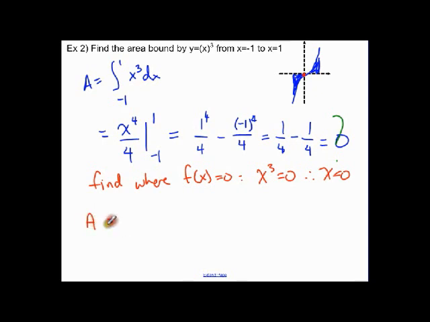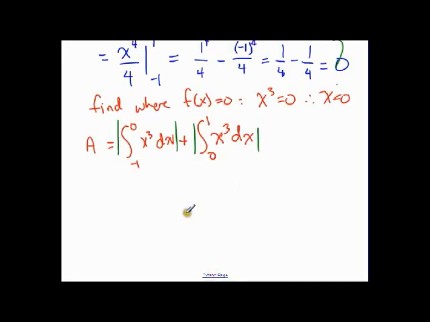We're going to calculate the area from -1 to 0 of x cubed dx, and then add the area from 0 to 1 of x cubed dx. And since negative area doesn't make sense, we're also going to have to take the absolute value of all of these things, because negative area doesn't make sense, right? Okay, so let's do that.